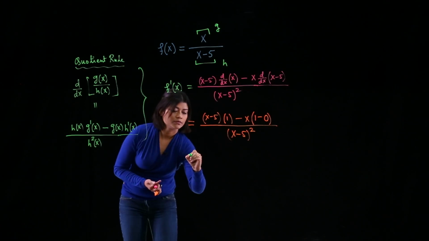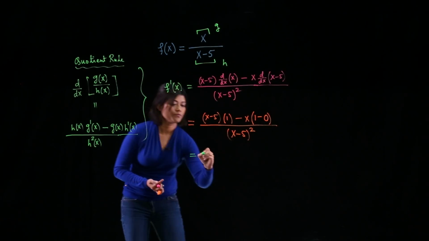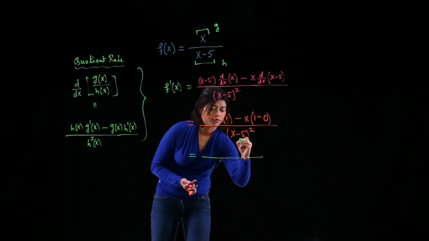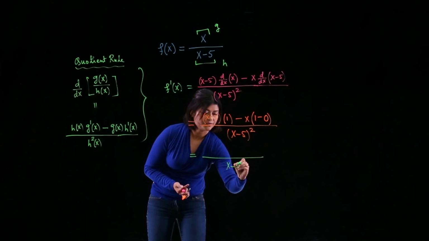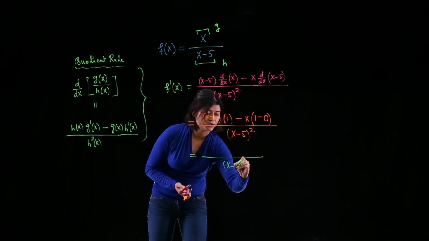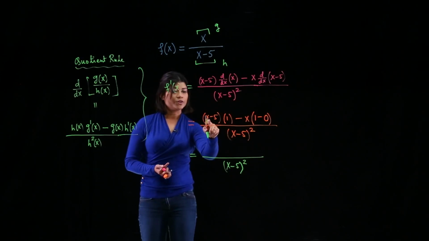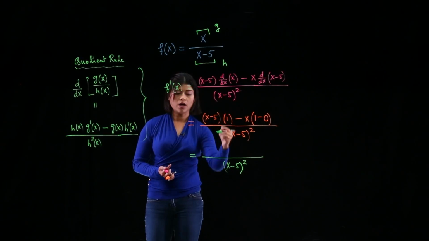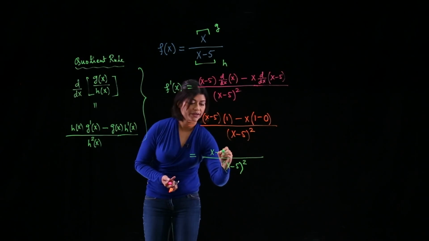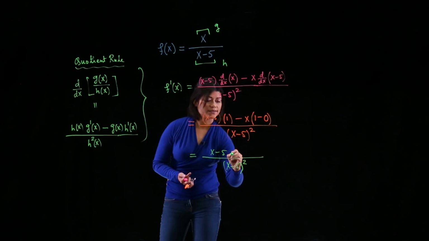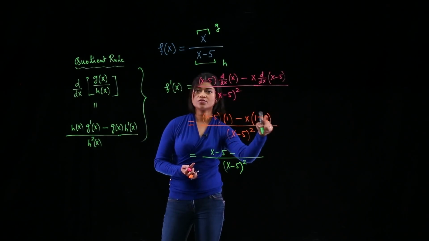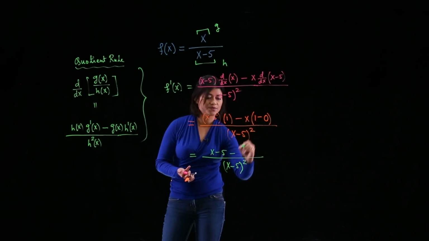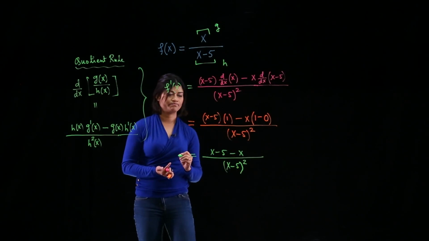All right, now let's simplify. So we still have x minus 5 whole square in the denominator. In the numerator, we have x minus 5 times 1, that's just x minus 5, minus x times 1 minus 0 is 1, so x times 1 is just x.